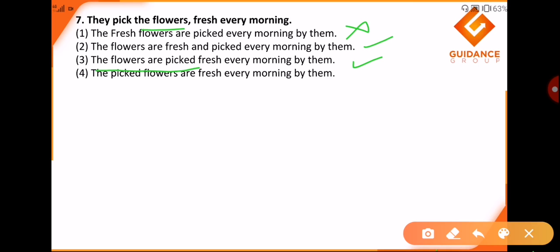Now if you see 2 and 3, they say the flowers are fresh, and the third one begins with the flowers are picked. If you see the actual one, it says they pick the flowers, comma, fresh every morning. Hence the flowers are picked fresh every morning and they changes to by them. Hence I would say the most appropriate in this part is third. The most appropriate is option number 3.